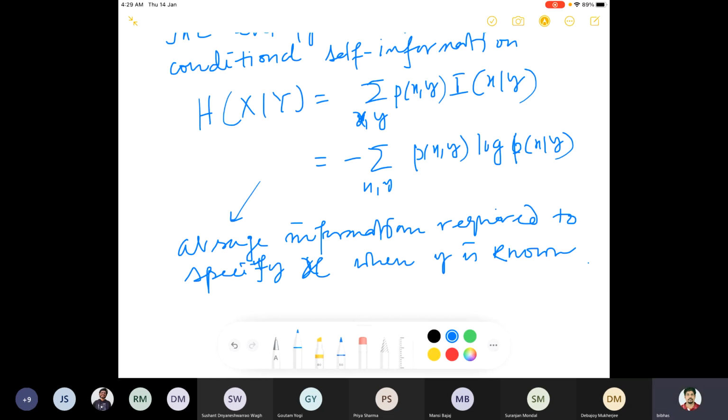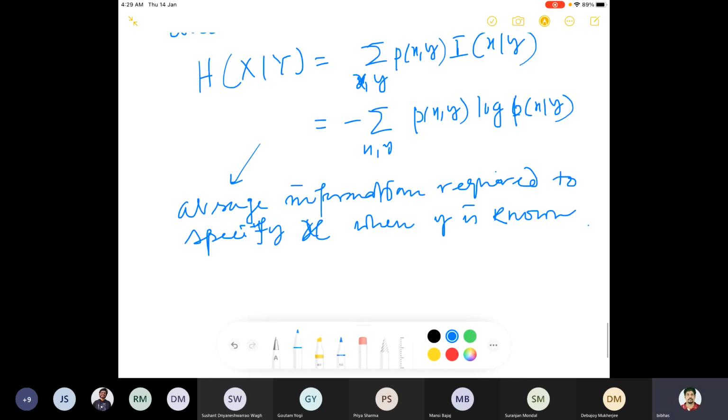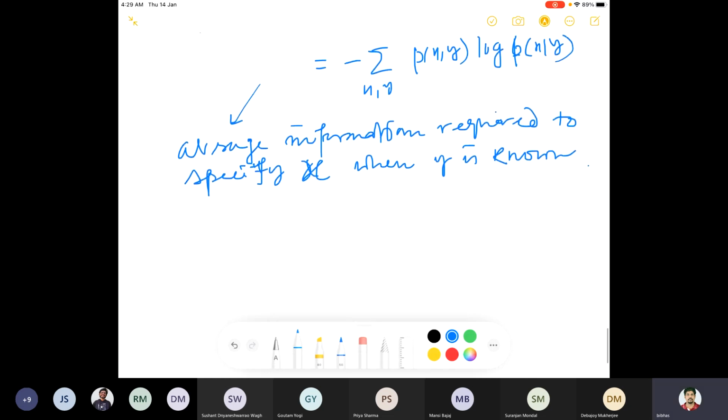Now once I introduce this, the next question from these concepts is, recall that we started with the definition of mutual information.